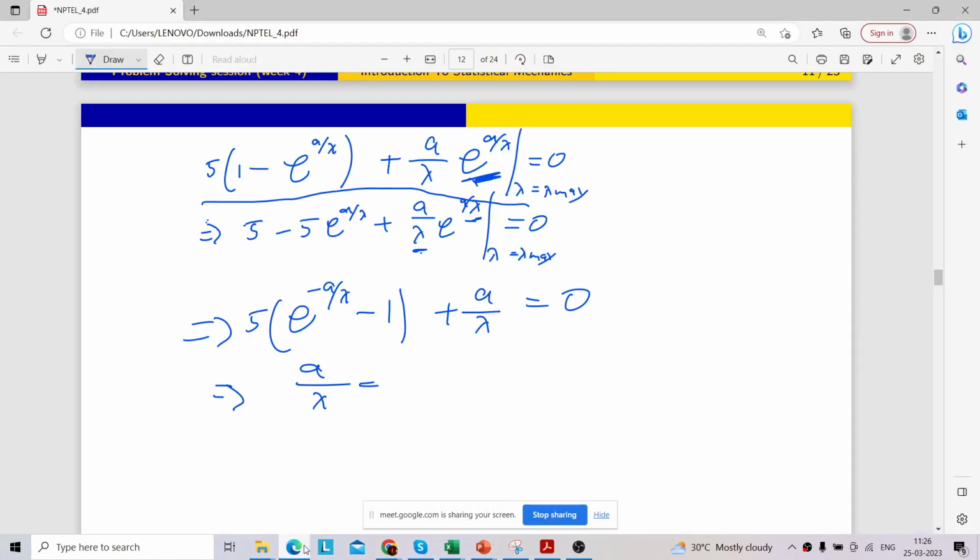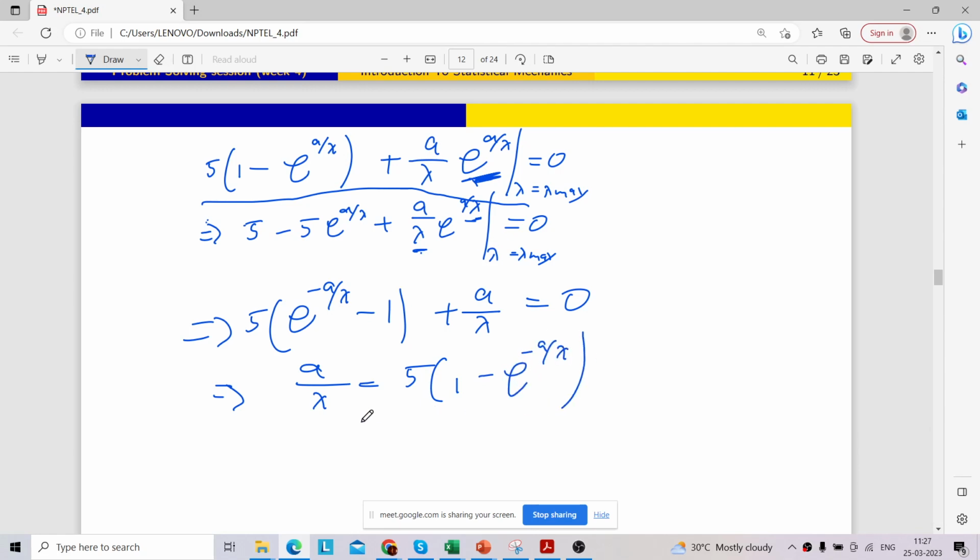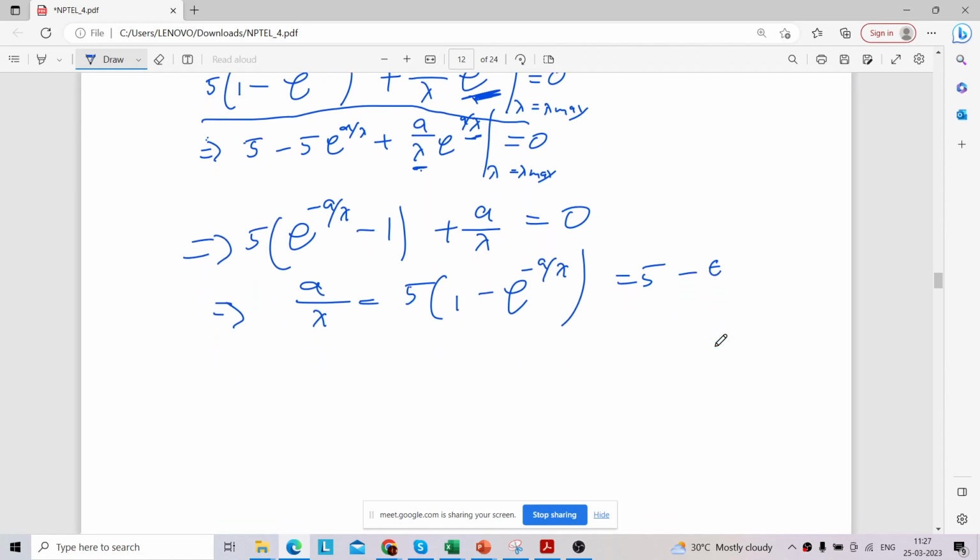So let me finish this. So a over lambda will be 5 times 1 minus e to the power minus a over lambda. So transcendentally we can solve this, so it will be 5 times some epsilon, let's assume.